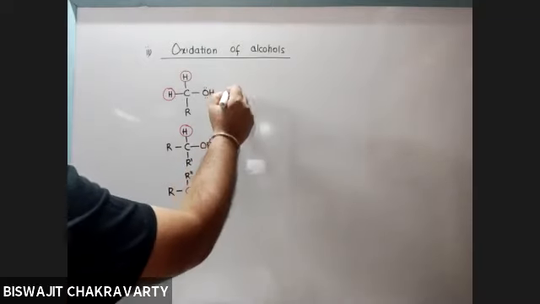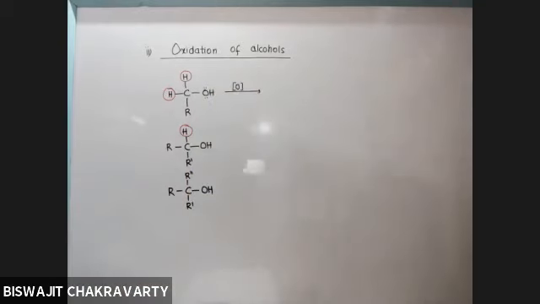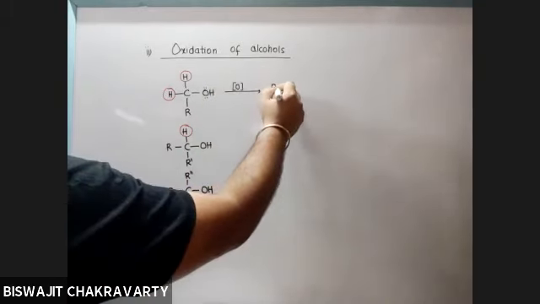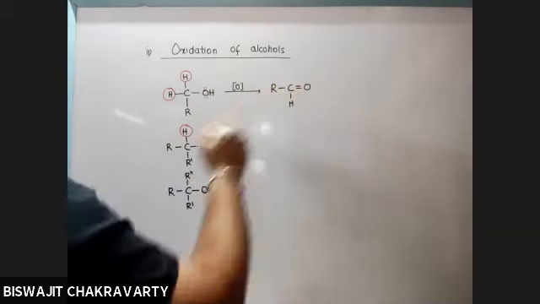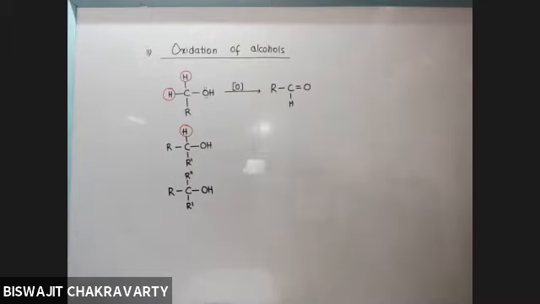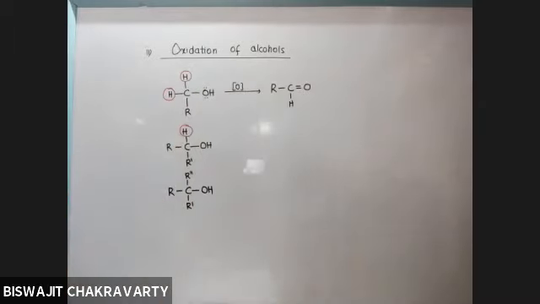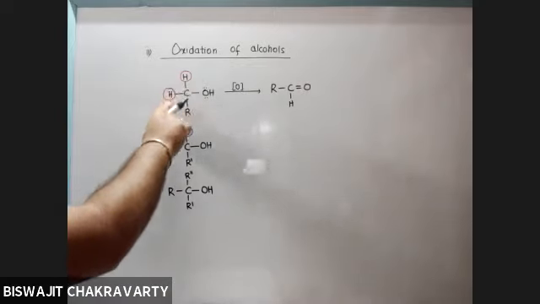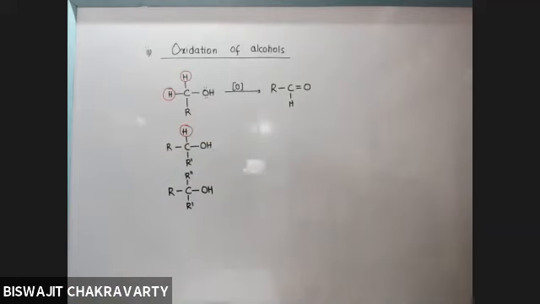The hydrogen bonded to the alpha carbon are oxidizable hydrogen. So if we oxidize the 1-degree alcohol, at first what will happen? It will get converted to an aldehyde. Okay, this is an aldehyde. And as you can see, only one hydrogen is getting removed. Any one of the two hydrogens you are removing along with the hydrogen of OH. So that is common because that will be getting removed every time, provided it gets its partner to get removed.